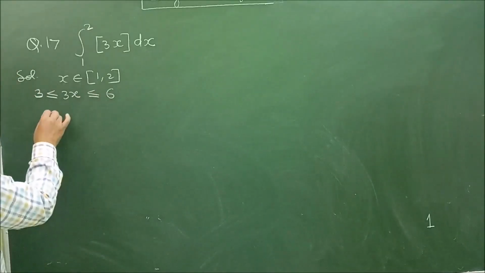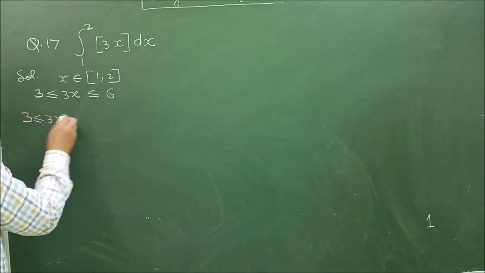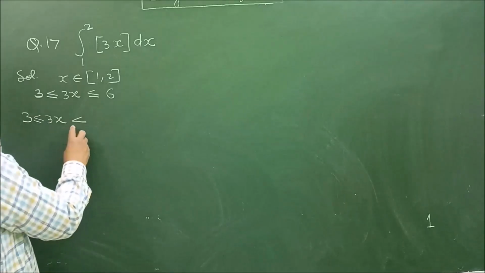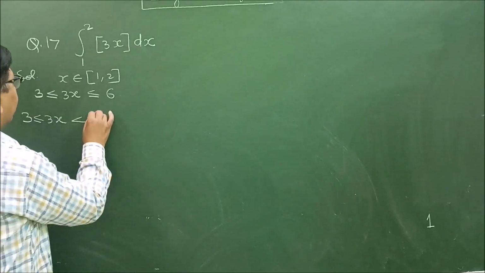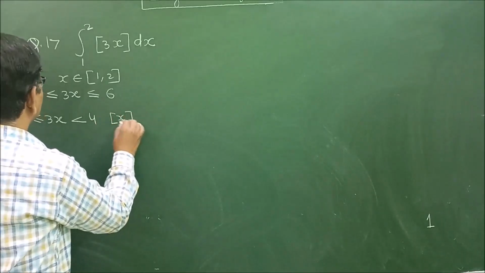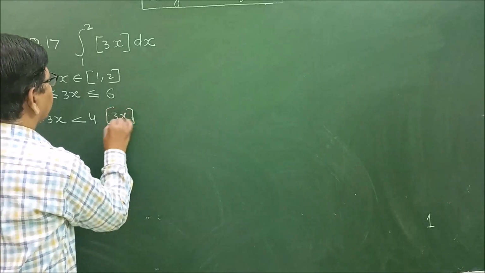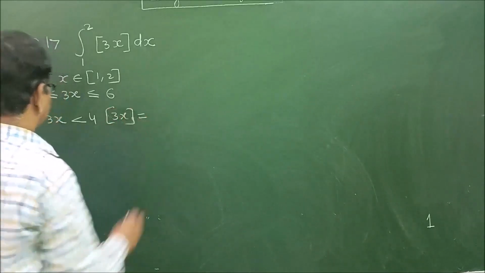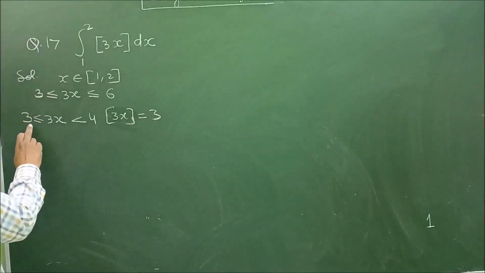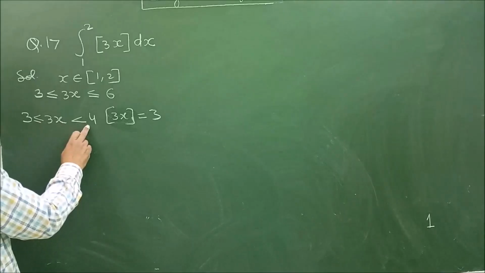So if the value of 3x is greater than or equal to 3 and less than 4, then greatest integer 3x will be equal to 3.